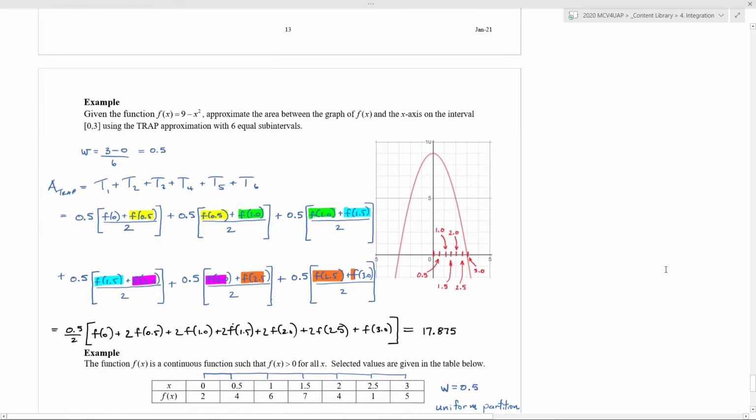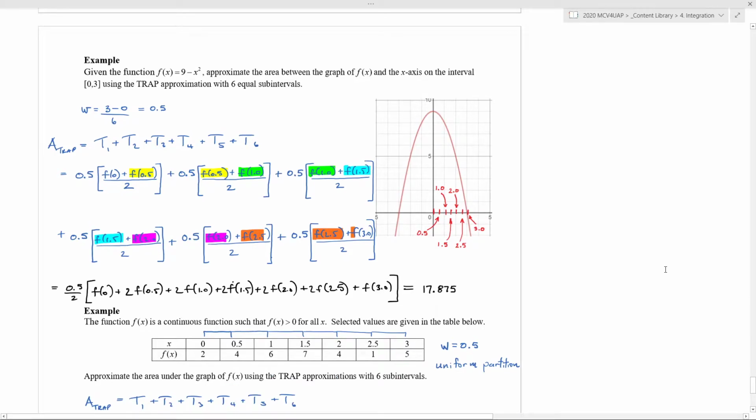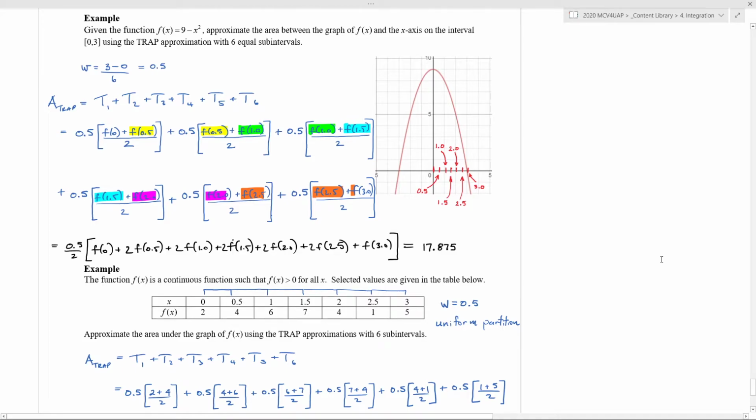Okay, page 14 is just more examples. So now we've got the function 9 minus x squared, and you want to approximate the area from 0 to 3 using a trapezoid but with 6 subintervals. Okay, so that means 6 trapezoids.